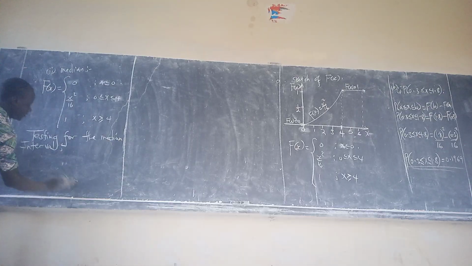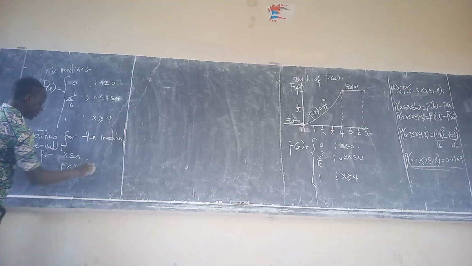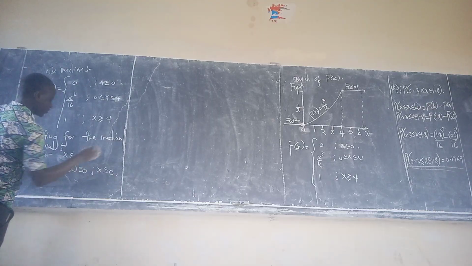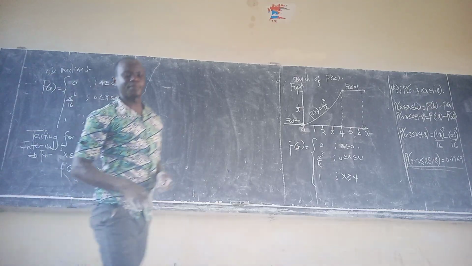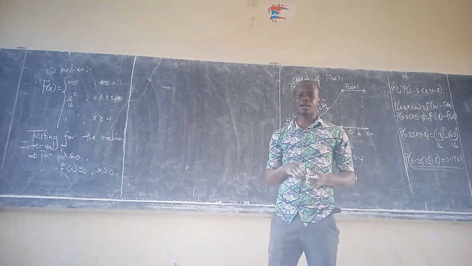Now my capital F, for the first interval, which is x less or equal to 0, is 0. But remember, the capital F of x of the median interval must be at least a half.